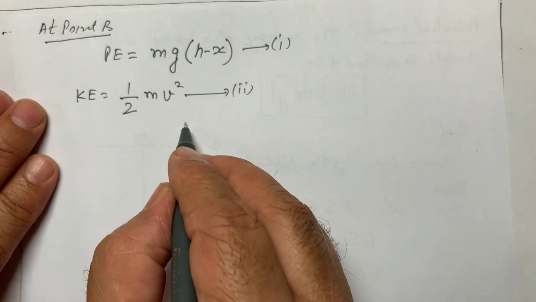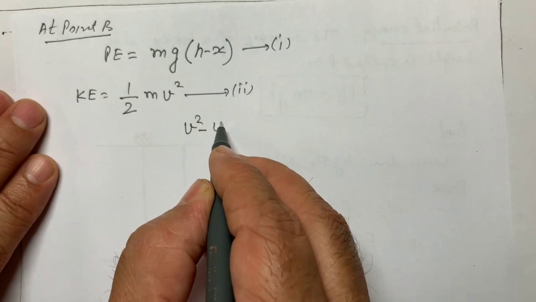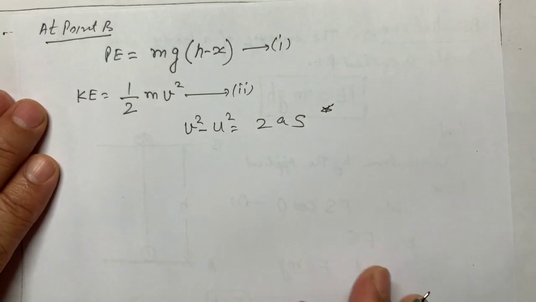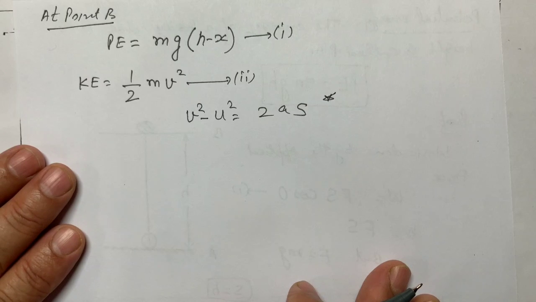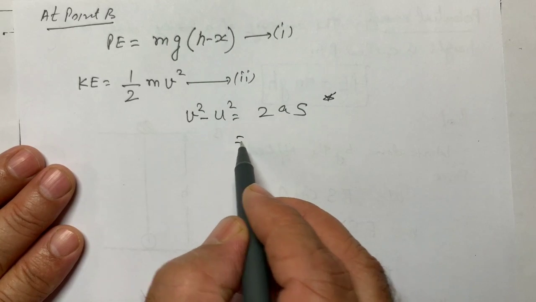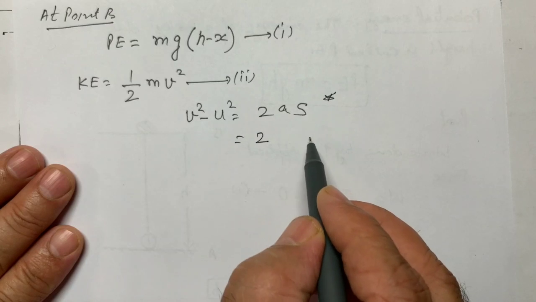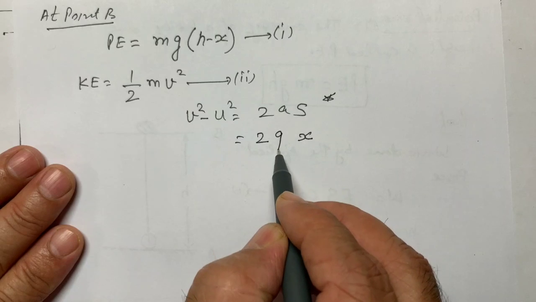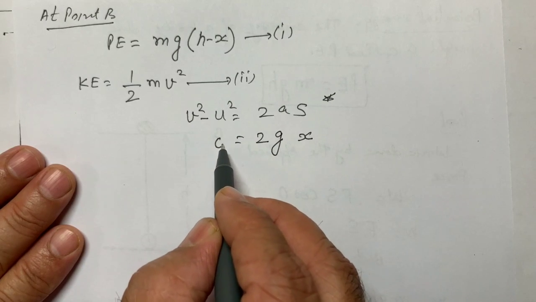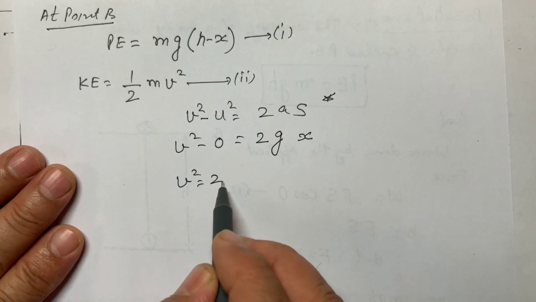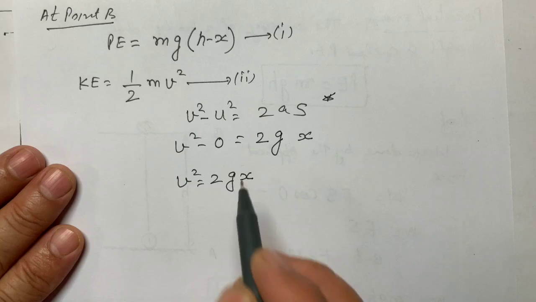Now again we know v square minus u square is equal to 2as. This is the equation of motion for uniformly accelerated motion. Now here, for distance x, s is equal to x, a is equal to g due to gravity, u is equal to 0. You get v square is equal to 2g into x.